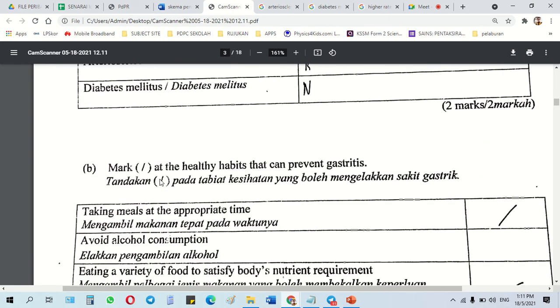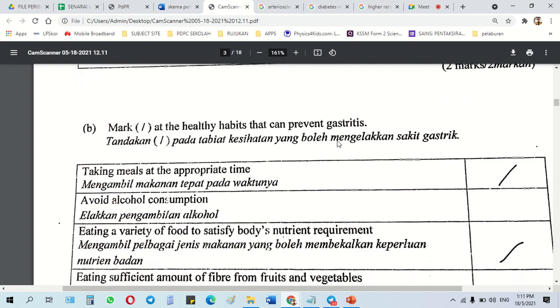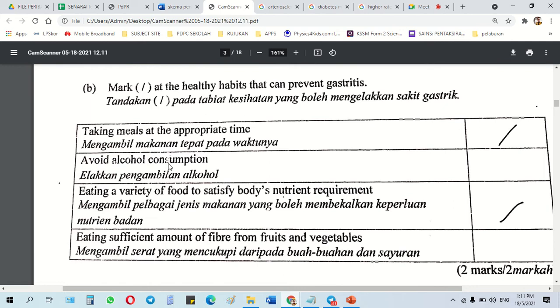Okay, and then mark right at the healthy habits that can prevent gastritis. So ni orang yang kena gastrik. So yang betul je, first, taking meals at the appropriate time. And then second, avoid alcohol consumption. Sebab alcohol ni kita tahulah, sifat dia adalah acidic.